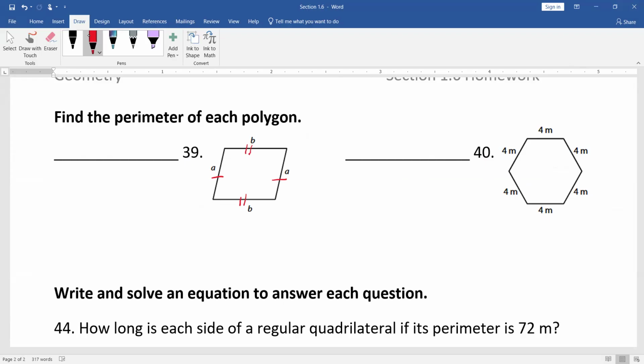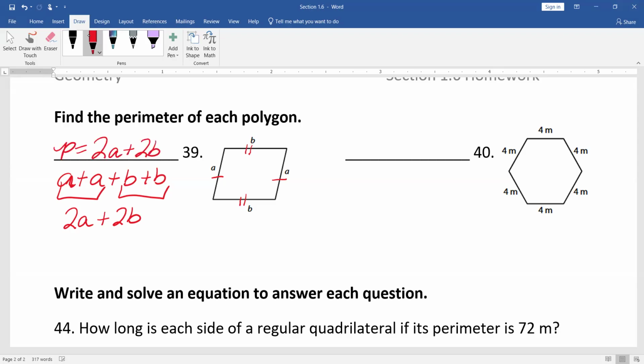So to find perimeter, it's A plus A plus B plus B. So we can simplify this to 2A plus 2B. That's the closest we can get. We don't know what A and B are. So that is the perimeter of this. I would write that as an equation: P equals 2A plus 2B.